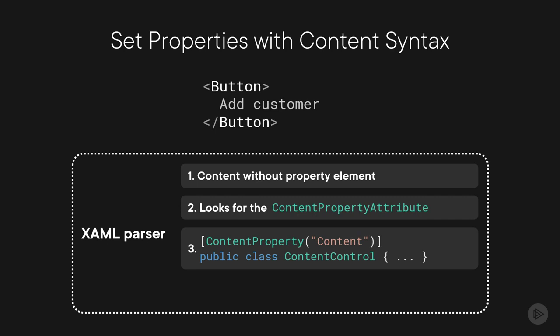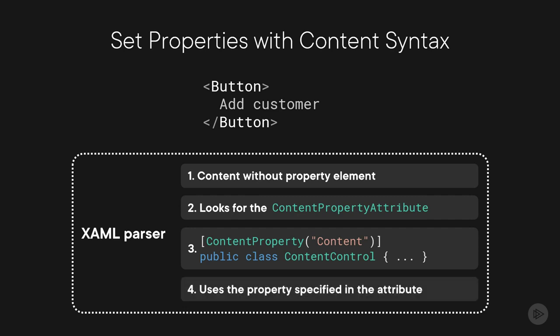The SAML parser finds the content property attribute on the content control class, which is a base class of button. As you can see, the content property attribute specifies the name of the property that the SAML parser should use, which is in this case the content property. In the last step, the SAML parser uses the property specified in the content property attribute and assigns the value.